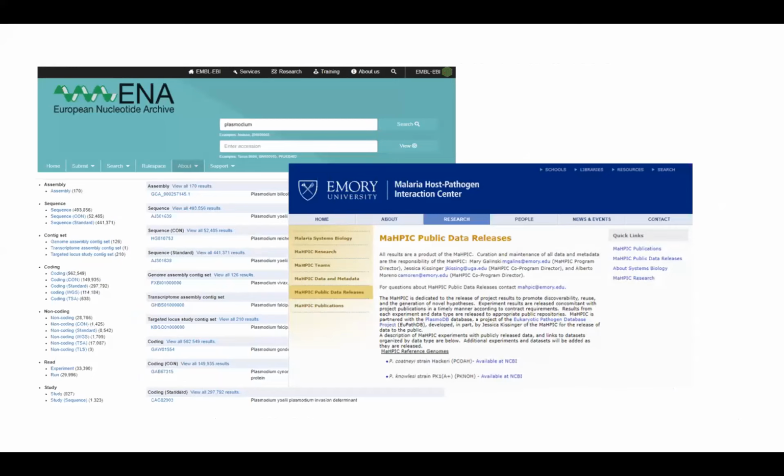Here you can see 170 assemblies and over 400,000 sequences and almost 34,000 experiments with 30,000 sequencing runs. So a reference of genomes, annotation of genes, examples of transcriptomic studies. This is an invaluable resource for anyone interested in malarial research using omics or big data.